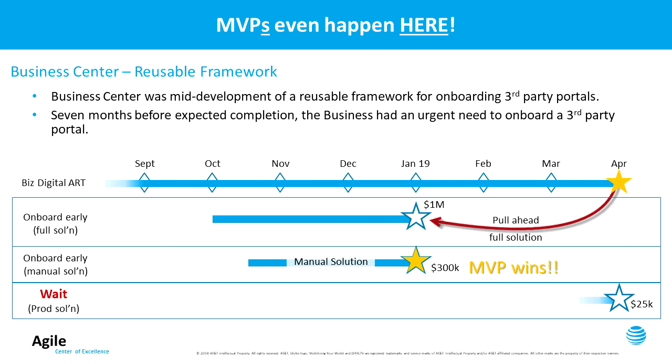The manual solution best models an MVP in this case, where they took the minimum functionality required to meet the need. It was a scaled down version with very little automation, but it would get the third-party portal onboarded by the compliance deadline. The business ultimately chose the manual solution, the MVP implementation of this solution. This example underscores the fact that MVP applies not only at the beginning of product development, but can be leveraged at any point within the life cycle of the product.